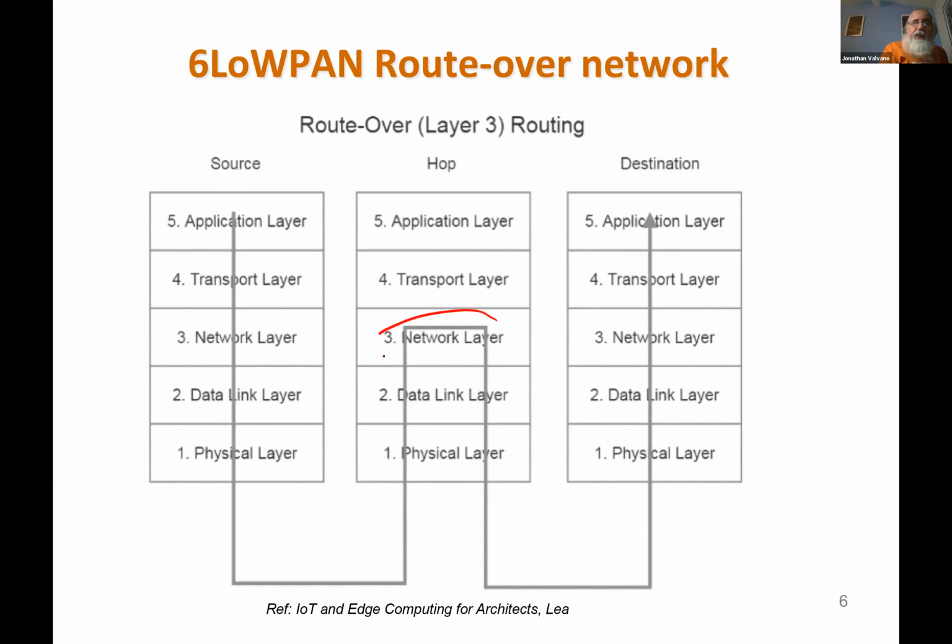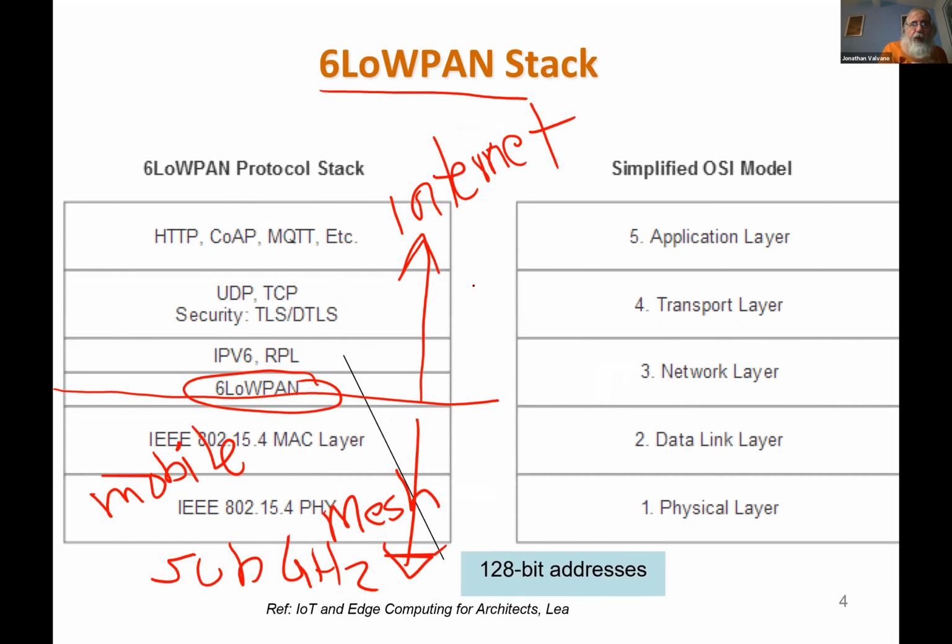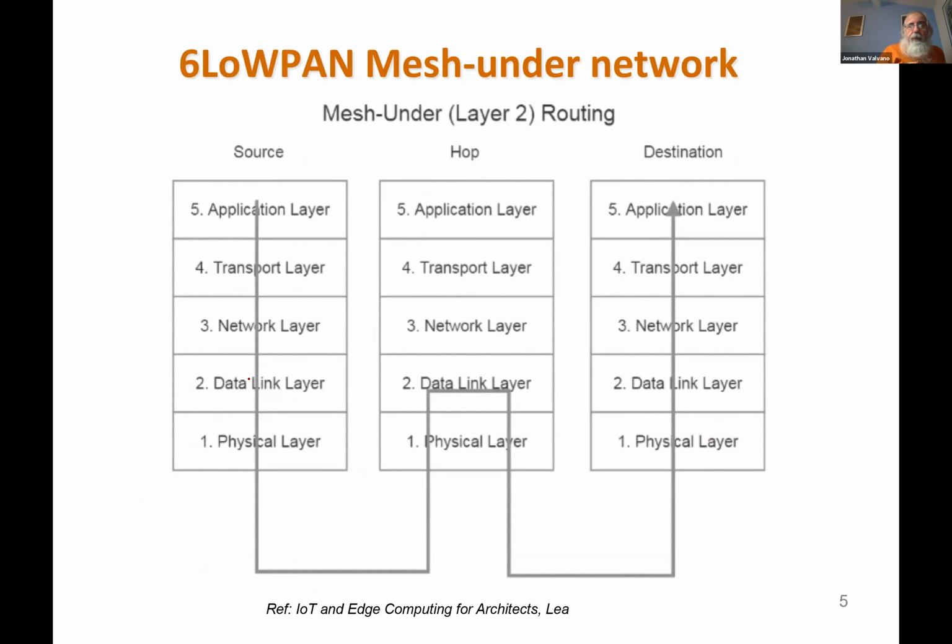You have access to the, because you go back and look, where's the data link layer? So are you routing through the MAC layer, or are you routing through the 6LoWPAN layer? Okay, those are the two routing layers.